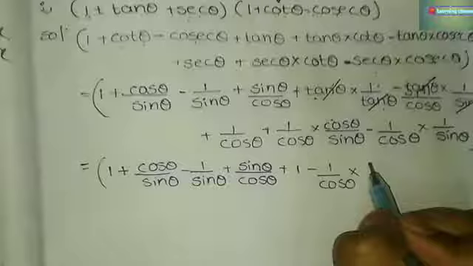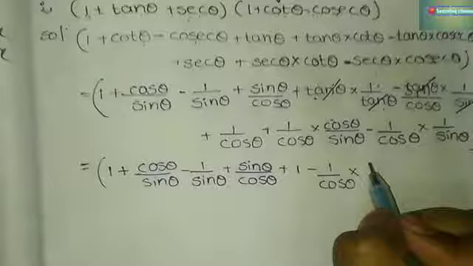Now 1 plus 1 is equal to 2 plus cos theta by sin theta plus sin theta by cos theta, and here we have minus 1 by cos theta into sin theta is cos theta sin theta. Let us take the LCM. Cos theta sin theta.